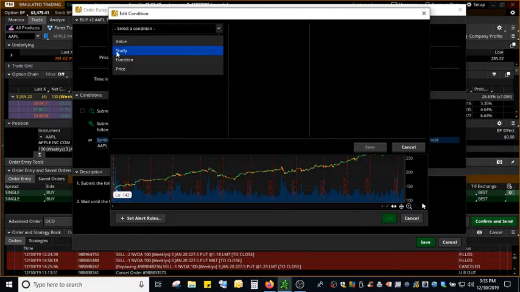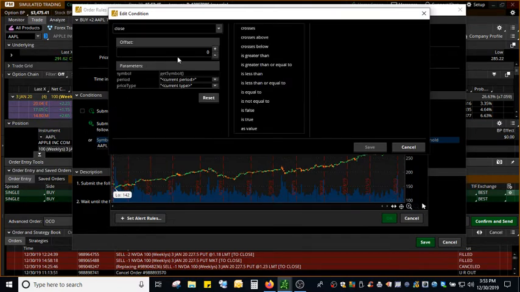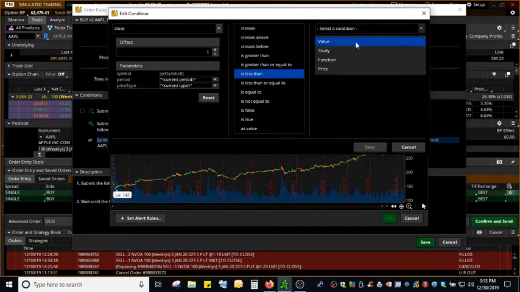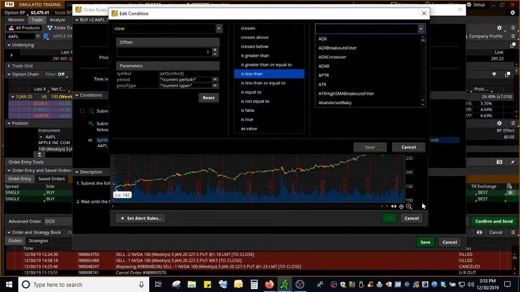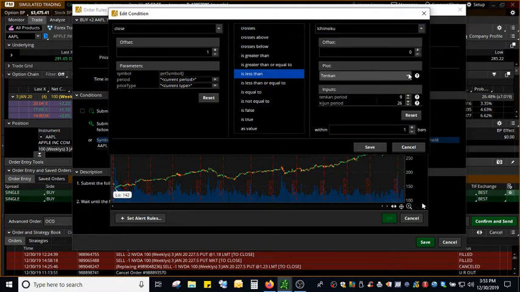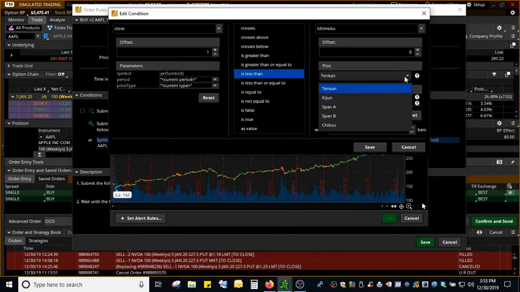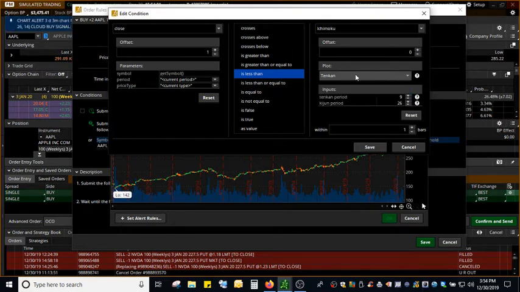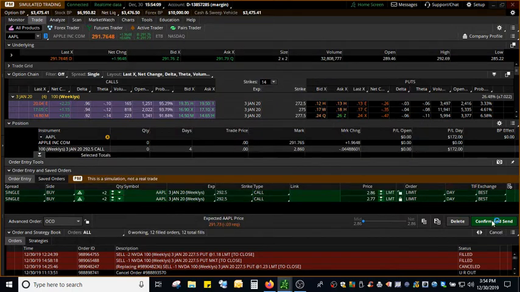Add condition, price, close from 1 bar ago is less than study Ichimoku, and let's do the Tenkan because we want to sell partial. You hit save, you hit OK down here, you hit save down here, you hit confirm and send.